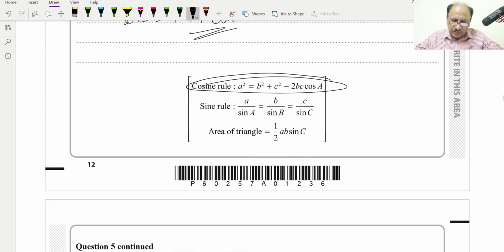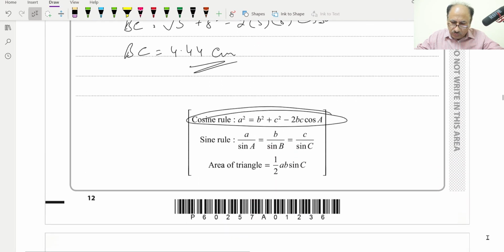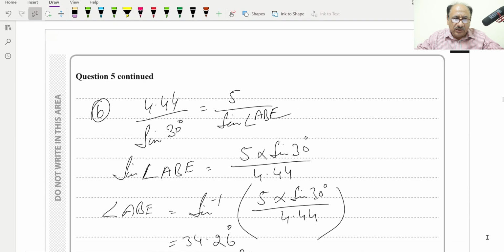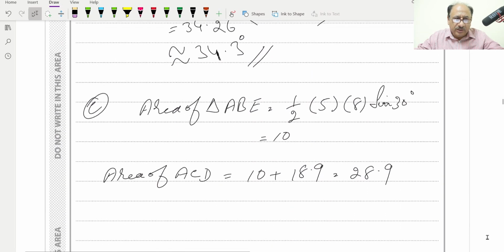Because 18.9 is given for the quadrilateral, we add 10 to that one. So ACD is 28.9 centimeters squared.